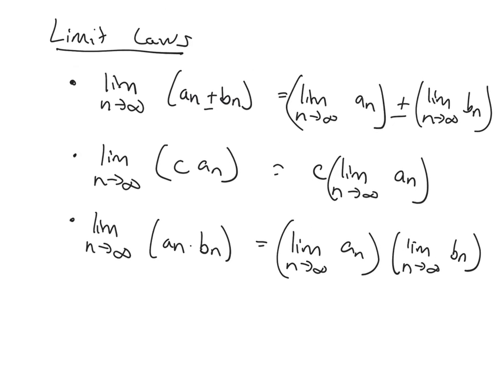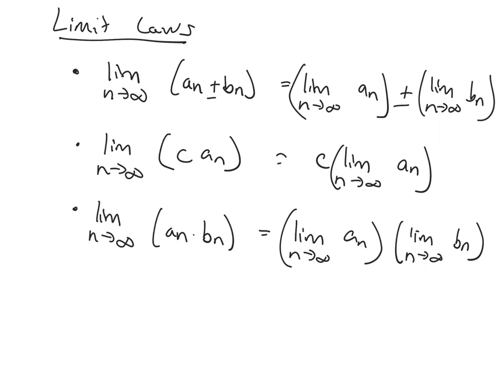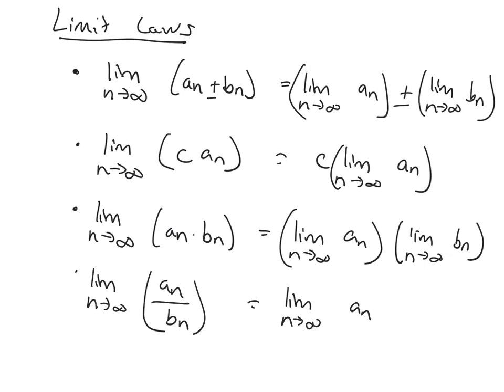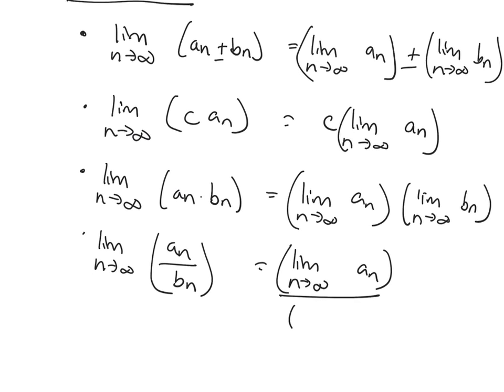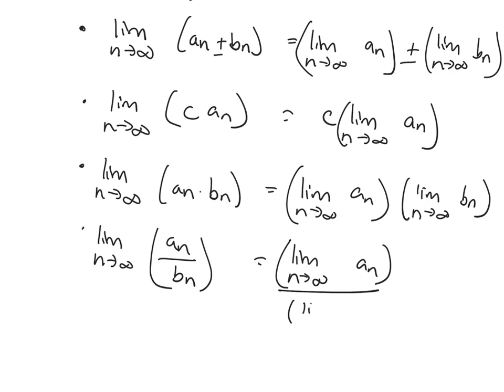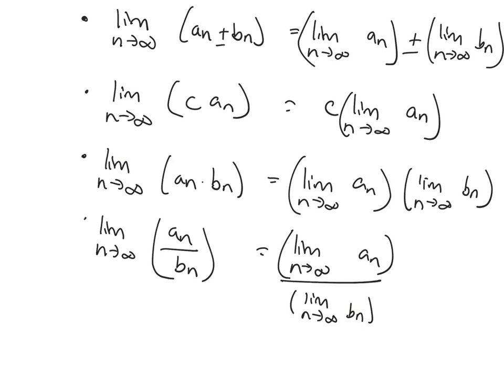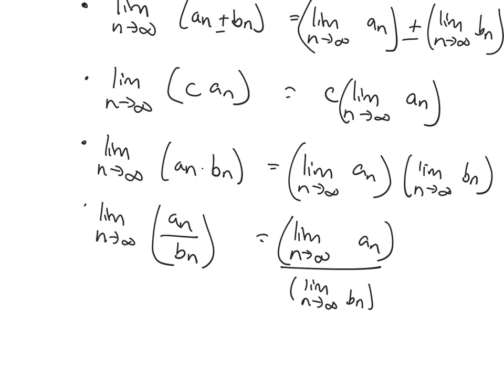And then the last one that I'm going to mention is with division. a sub n over b sub n, you can split it up as two limits, provided only when you know that this limit of the denominator is not 0.